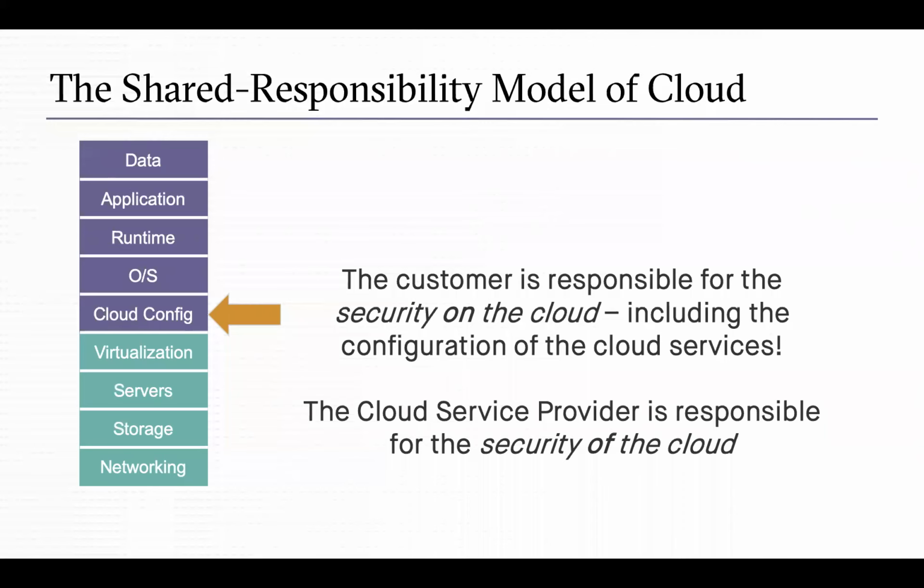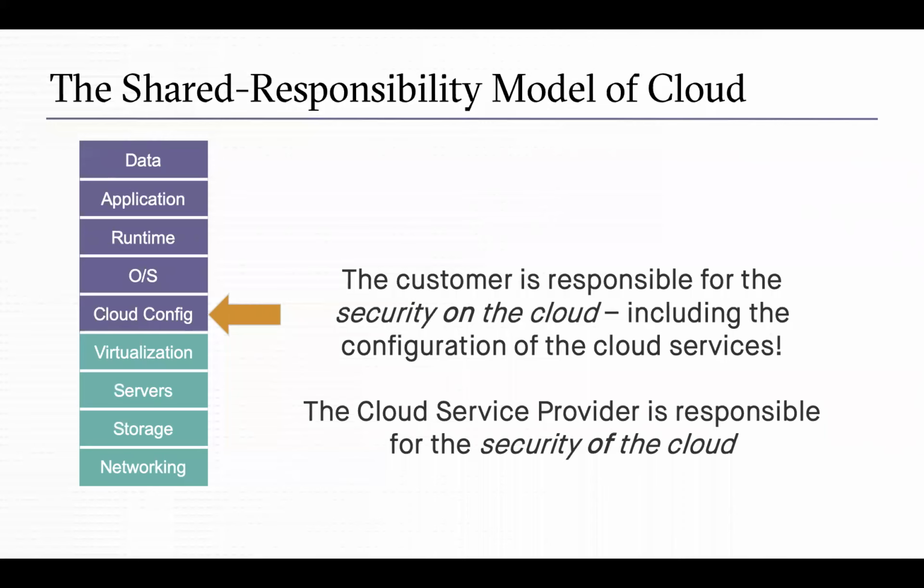This is their responsibility, not letting bad actors onto the data floor, making sure the underlying physical infrastructure is configured the correct way and is operational. But all the purple stuff is your job, starting with cloud configuration. And as I mentioned earlier, Gartner says cloud configuration is actually the #1 place where you might run into problems and security breaches on cloud.